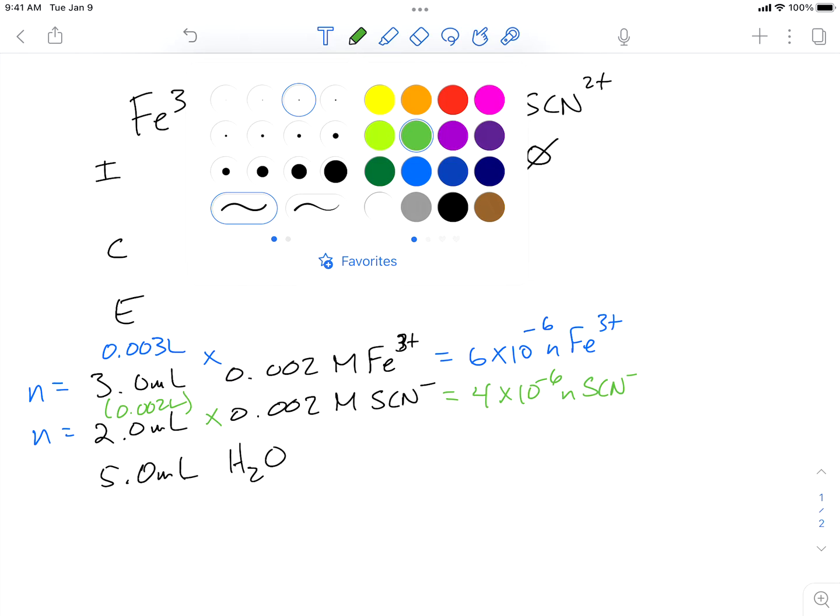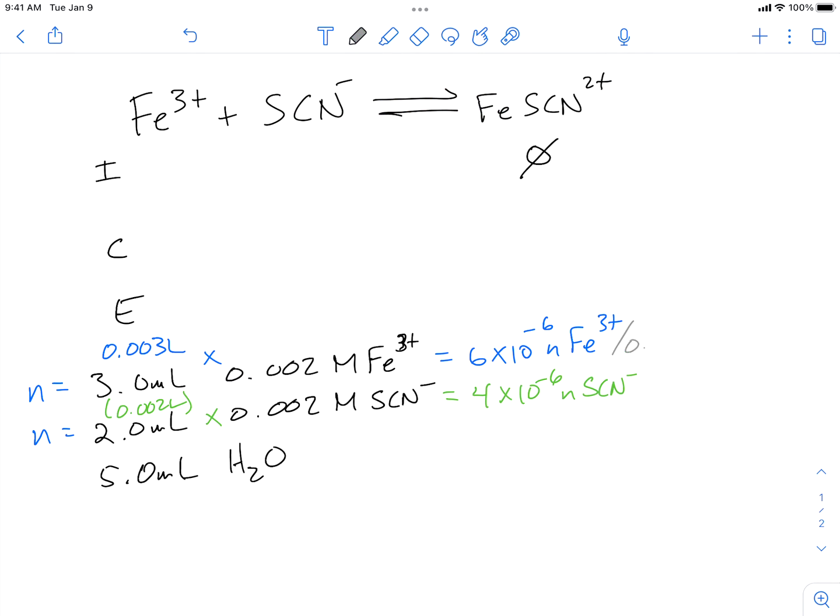Then we divide that by our total volume, which is 10 milliliters or 0.010 liters. That gives us the molarity for each. The molarity of the iron 3+ is 6 times 10 to the minus 4 molar, and for the SCN minus it's 4 times 10 to the minus 4 molar.